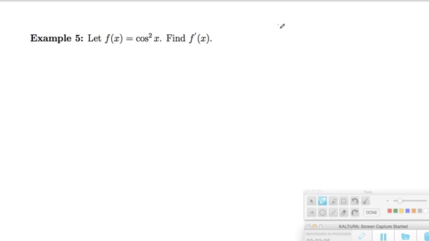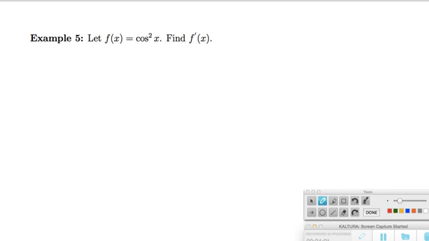Well, for this example, remember when you square something, it's the same thing as multiplying that quantity by itself. So for example, 3 squared is 3 times 3.